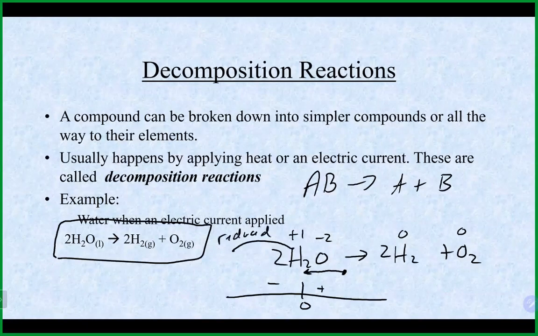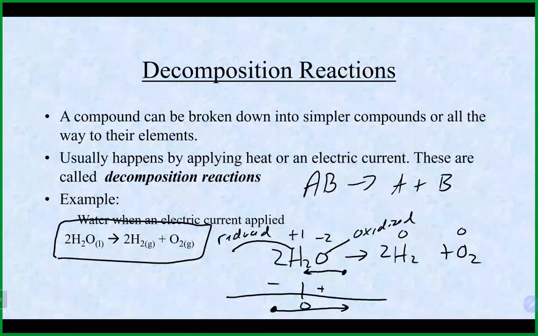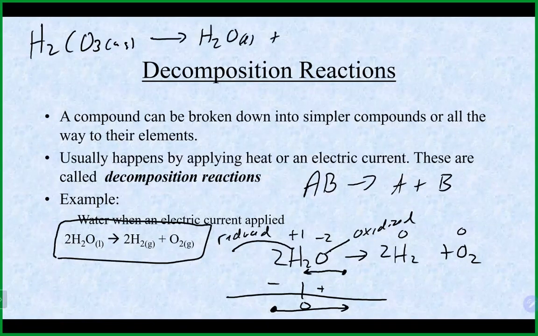The oxygen in water started at -2 and ends at 0, which means the oxygen here is being oxidized. So this is also a redox umbrella, and it is classified as a decomposition reaction. If you have some carbonic acid, we kind of saw that in an earlier one, it will decompose into water and CO2 gas, like when we did the Alka-Seltzer tablet experiment.